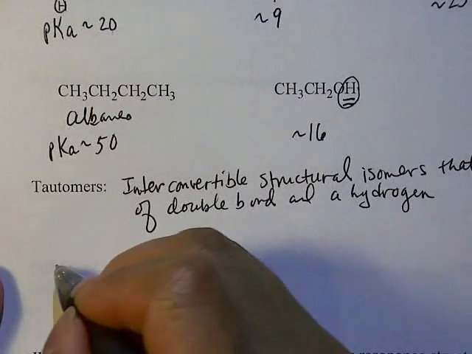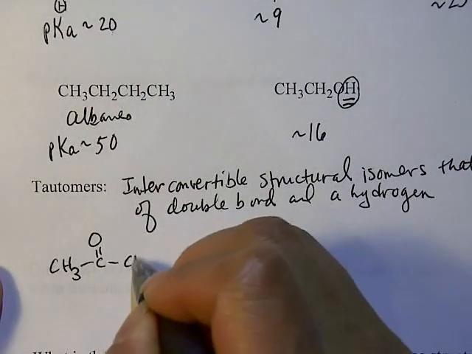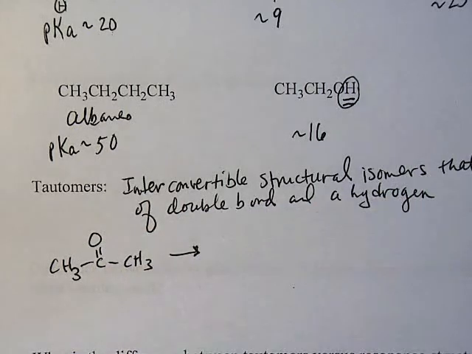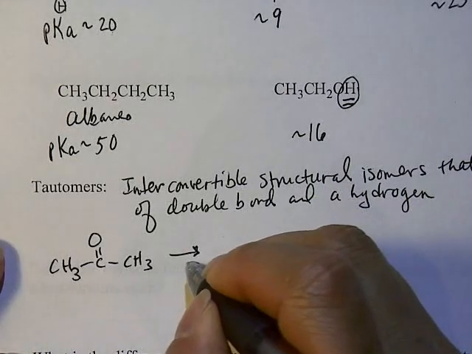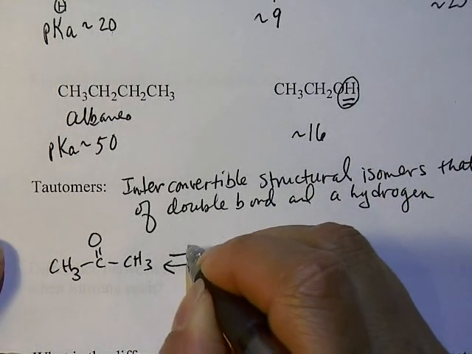All right, so when we draw the enol, if you actually look at any carbonyl compound in detail, for example acetone, it actually exists in 2 different forms, and the 2 different forms are called tautomers. So I'm going to draw the arrows both ways.